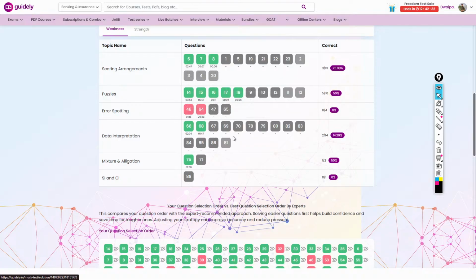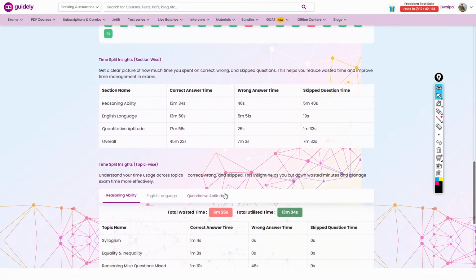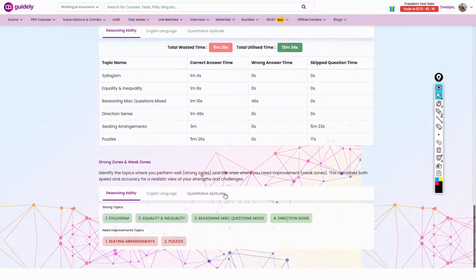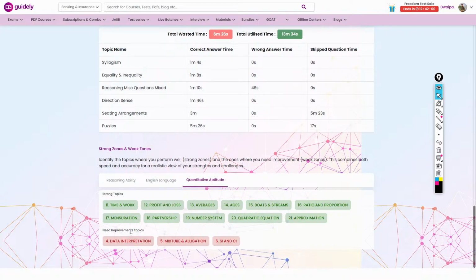Spotting errors were difficult. So I need improvement in these topics, which are the core. Error spotting was difficult, to be honest. I won't lie. DI, mixture, alligation, SI.